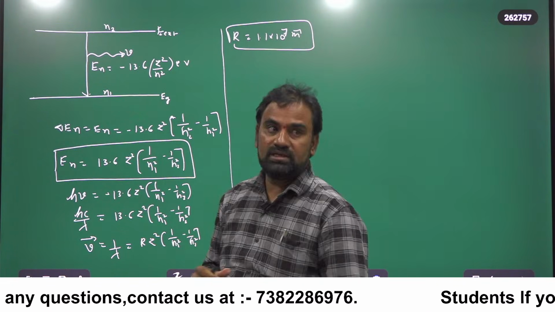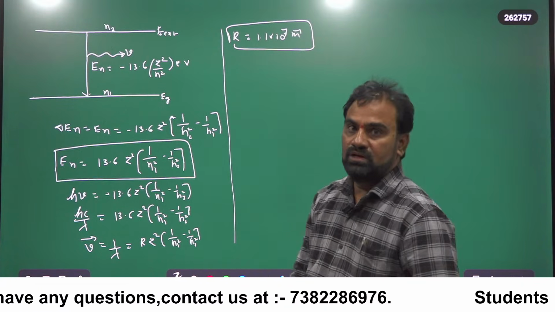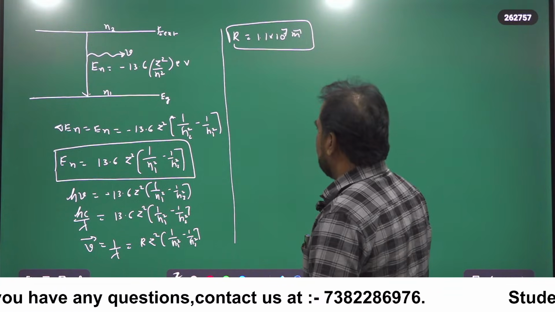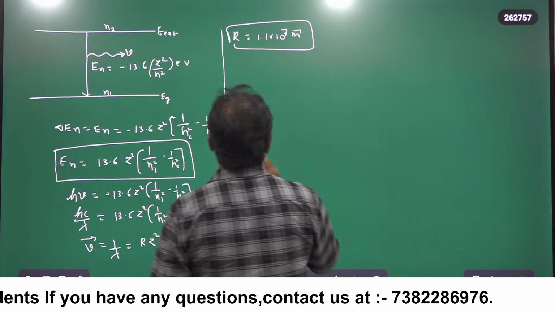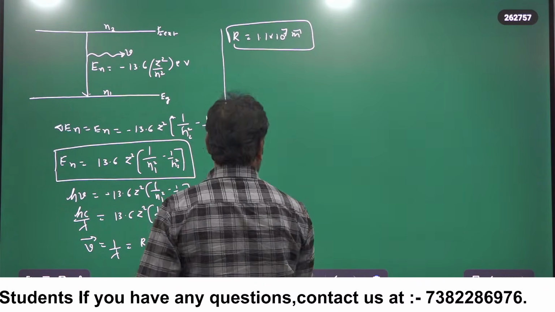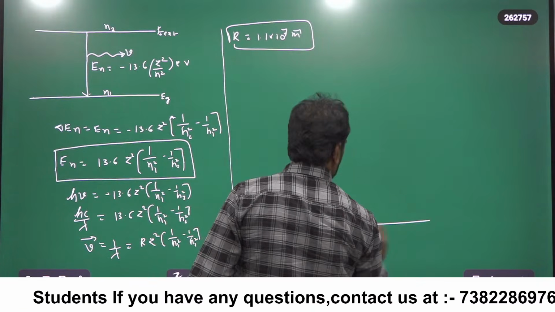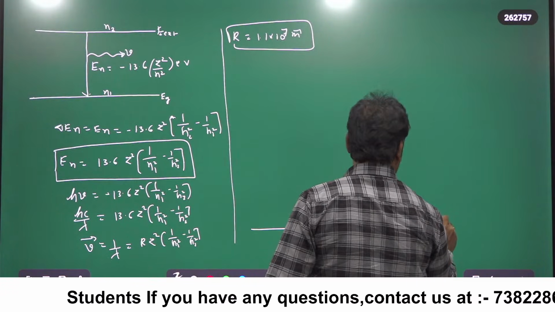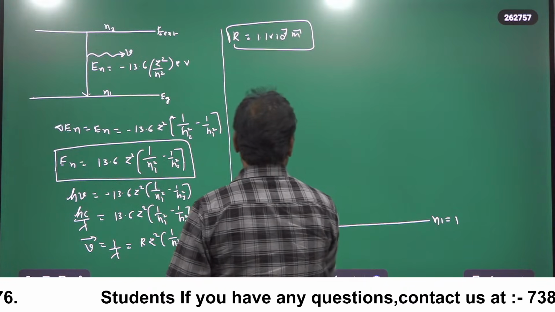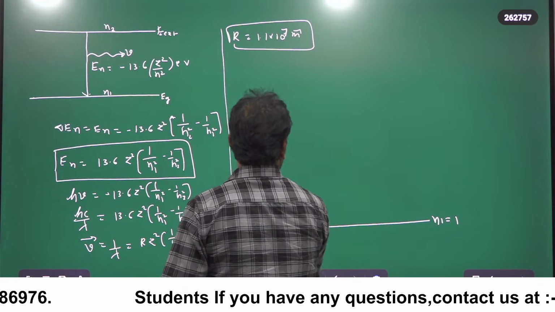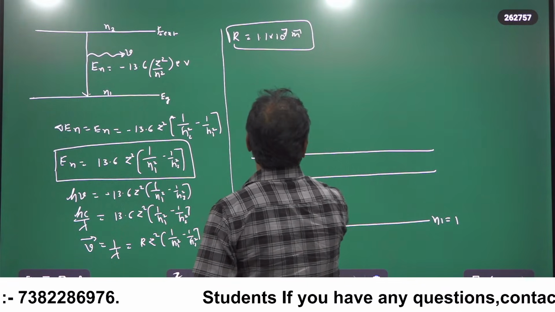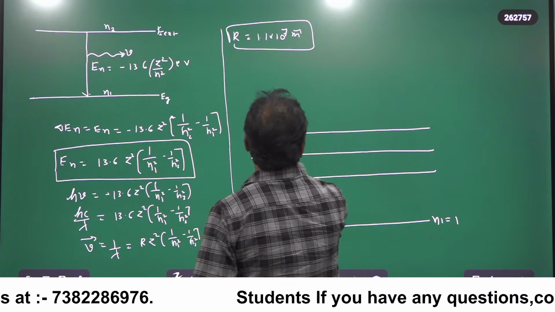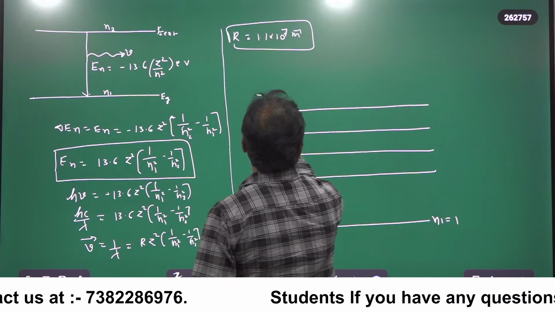we have explained the hydrogen spectrum. What is a hydrogen spectrum? See here, how is the hydrogen spectrum formed? Consider a hydrogen spectrum here, where N1 is equal to 1, 2, 3, 4, 5 and 6.